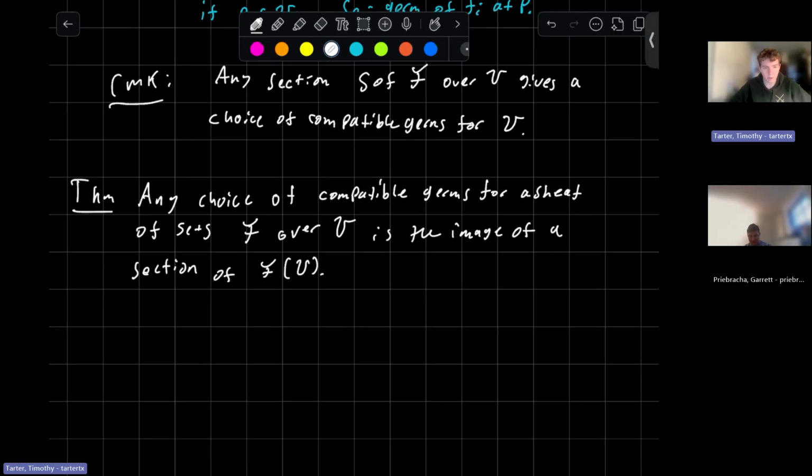It uses glueability to prove it, and it probably sounds tedious to prove, in my opinion, so I'm going to omit it. But it makes sense with how we define compatible germs. It's just saying that we can choose an image of a section, or we can choose an image of compatible germs.